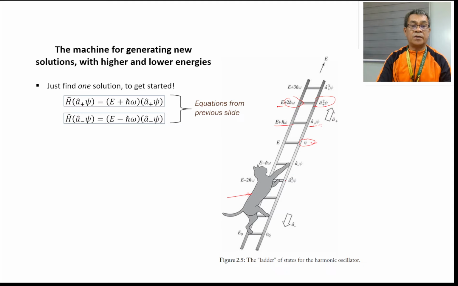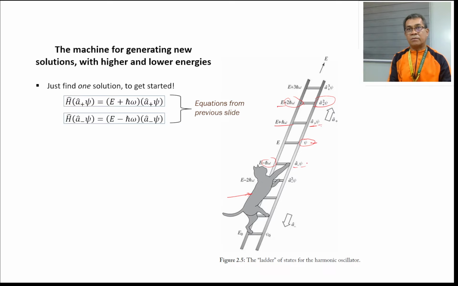Then the lowering operator: if we apply a minus on psi, we can notice that it steps down from this rung, and so on and so forth downward. So the idea is, if you know one of those wave functions, you can apply the raising or lowering operator.